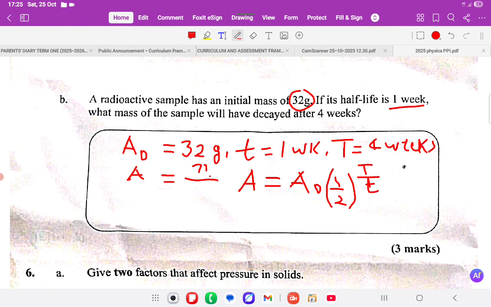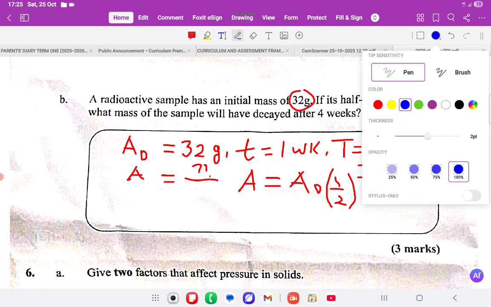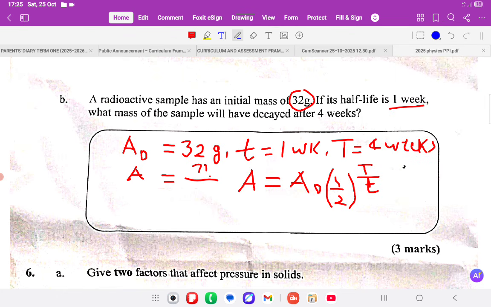So the remaining amount is equal to the initial amount, A naught, multiplied by half, raised to the power t, where t is the given time, divided by the half-life. Careful, take note that t, time divided by half-life, is equal to the number of half-lives n.